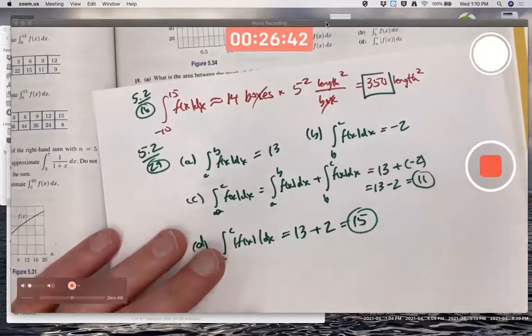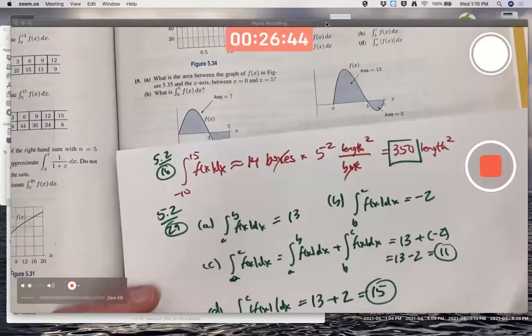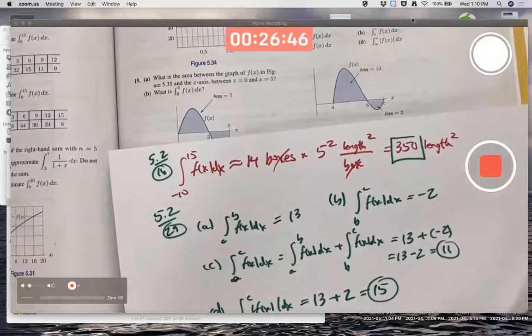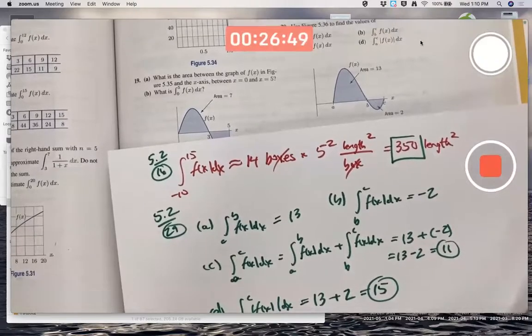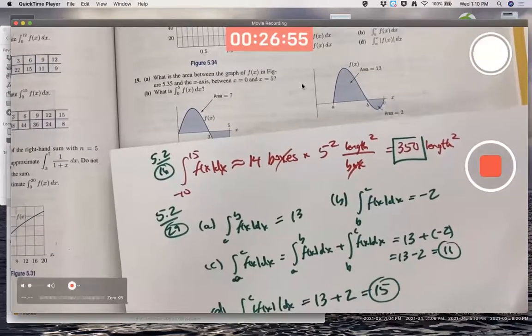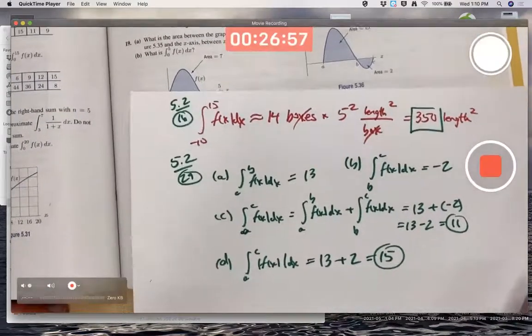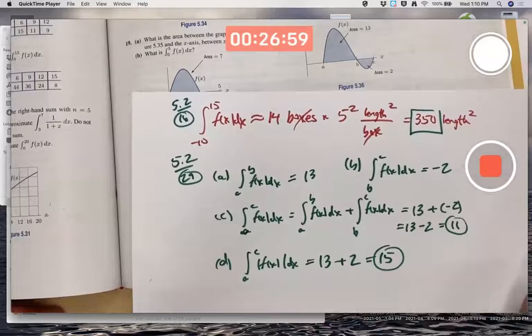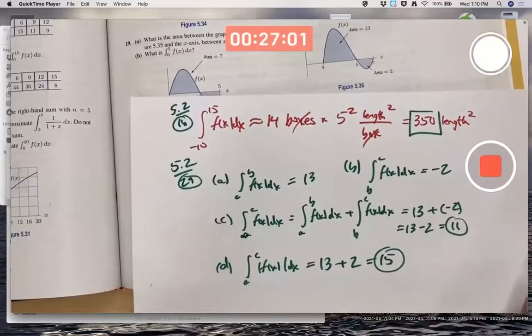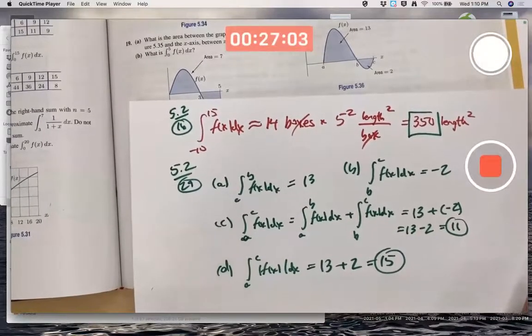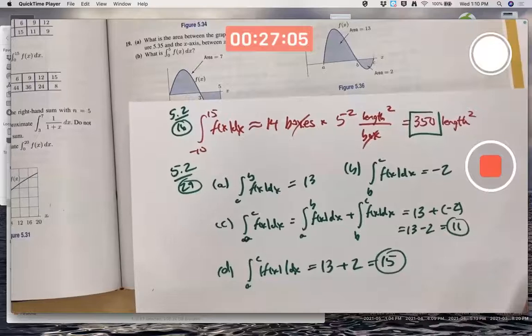That'll be 15. Does that make sense? We're using the area interpretation, or more precisely what's called the signed area interpretation of the integral. Question?